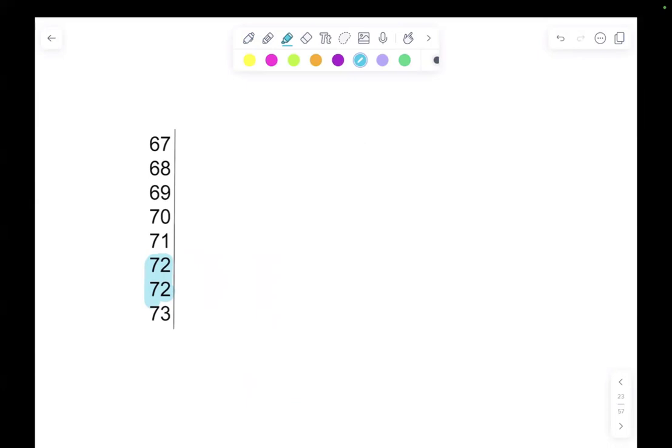So instead of making my leaf super long on the 72, I broke it in half. I'll put 720 through 724 on the top one and 725 through 729 on the bottom one because I had so many 720s.